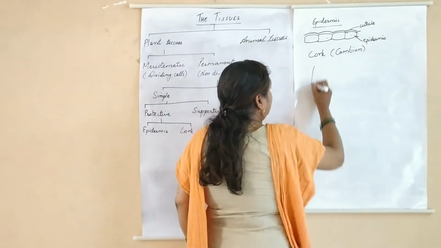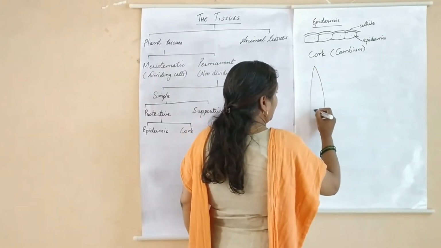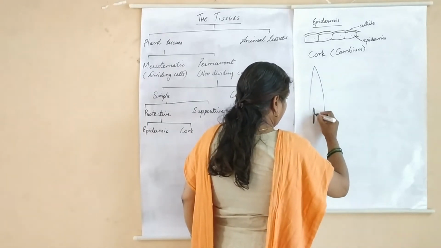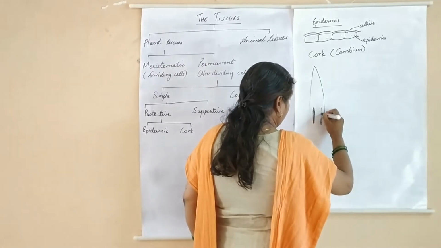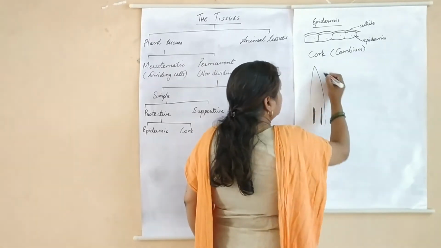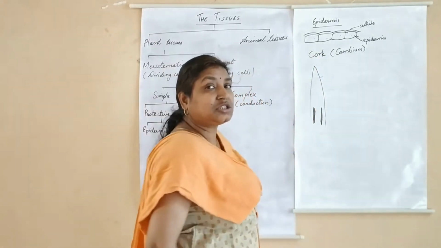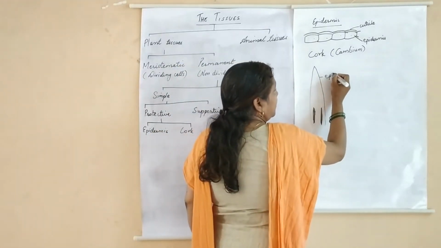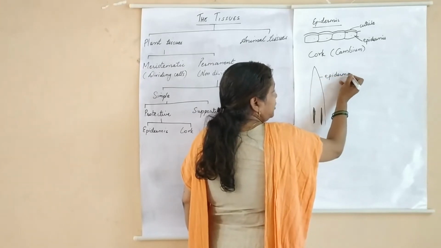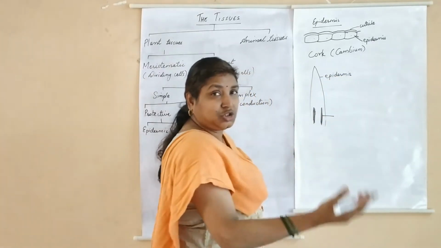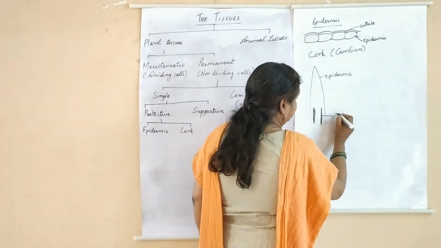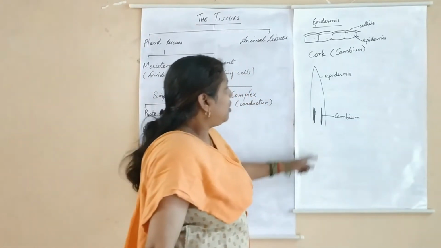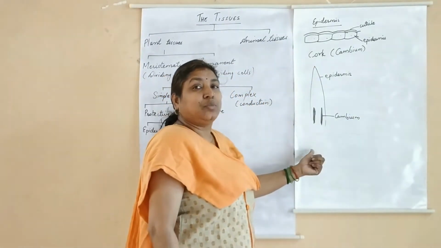Suppose this is your plant. In the upper part, in the initial stages, when the shoot is very young and green, epidermis provides the protection, and as the plants mature, cambium or the cork provides protection.